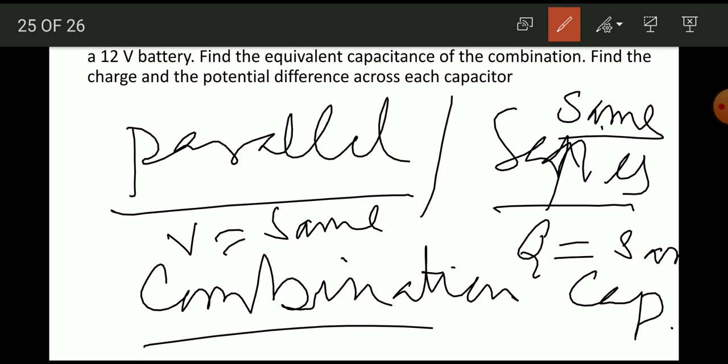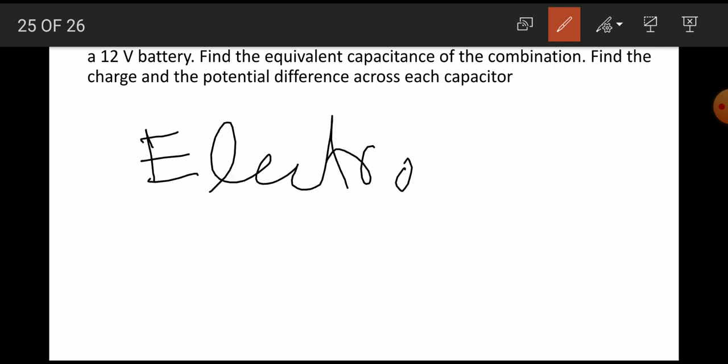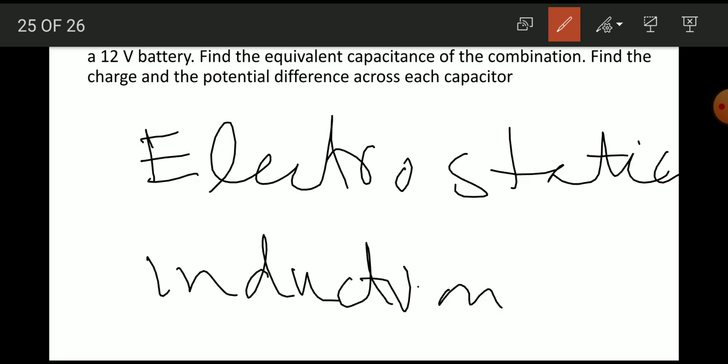The most important thing that we studied in this chapter is electrostatic induction. Electrostatic induction is the method to charge a body without any physical contact.